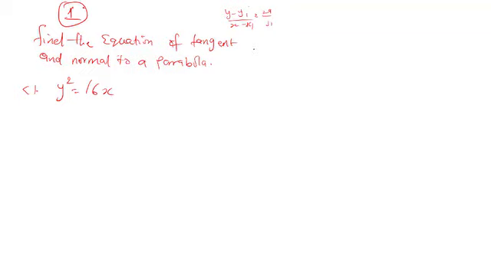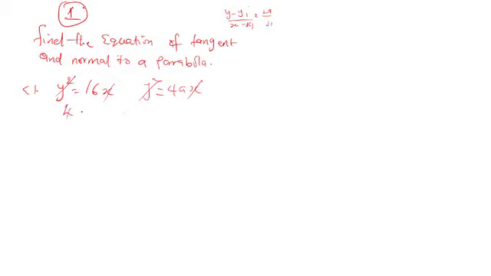So we are going to use this in solving these questions. So what is the value of a? Remember, the equation of a parabola is y squared equals 4ax. So let's compare and get the value of a before we proceed. We have 16 equals 4a.